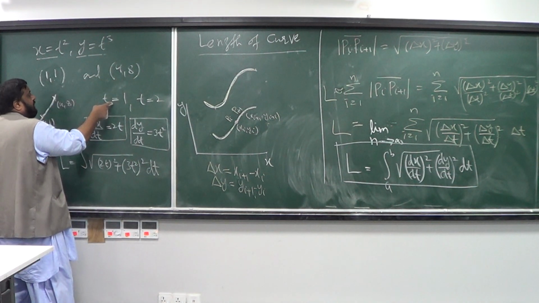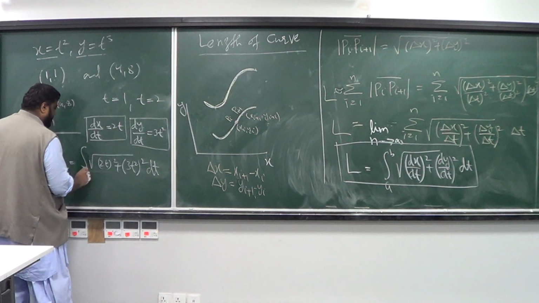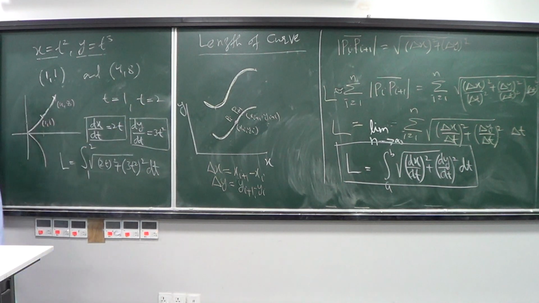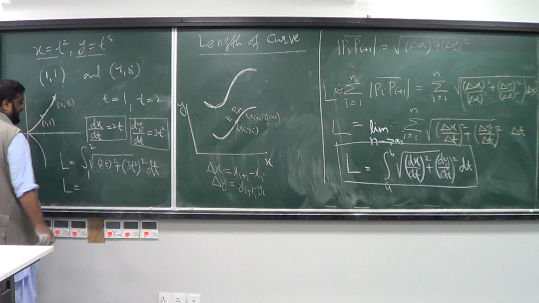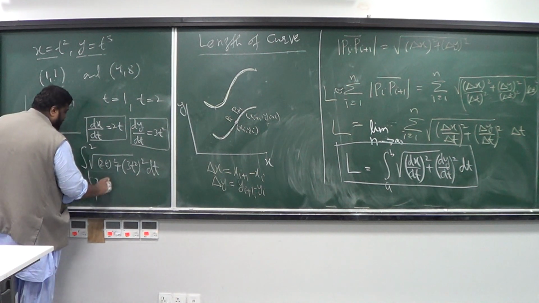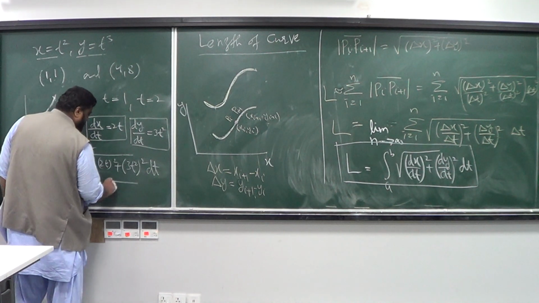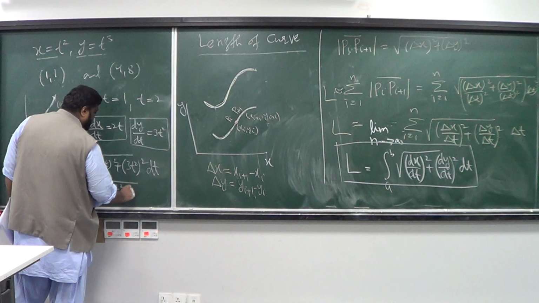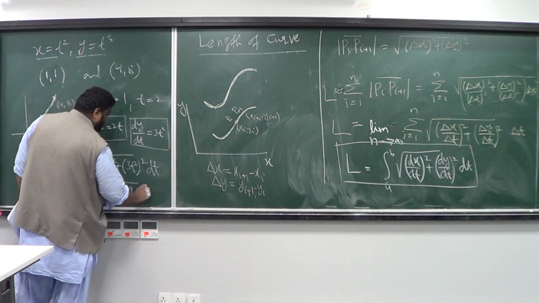In other words, t varies from 1 to 2. So just solve this integral and you're going to get your result. How can we solve this integral? It's not difficult. From 1 to 2, this is going to be the square root of 4t square plus 9t to the power 4, dt.